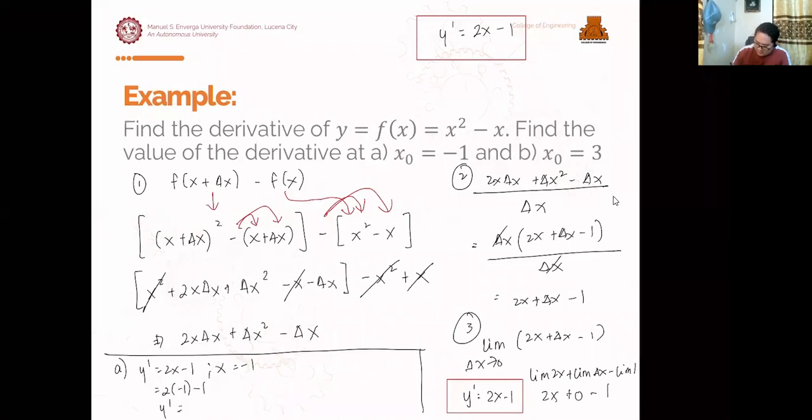So, y prime will be equals to negative 2 minus 1, so equals negative 3. Ang sagot sa letter A. Sa letter B, that will be y prime is equals to 2x minus 1. So, x is equals to 3. So, that will be 2 times 3 minus 1, or equivalent sa 6 minus 1, or y prime is equals to 5. So, yung answer natin for A and B are negative 3 and 5. Okay?